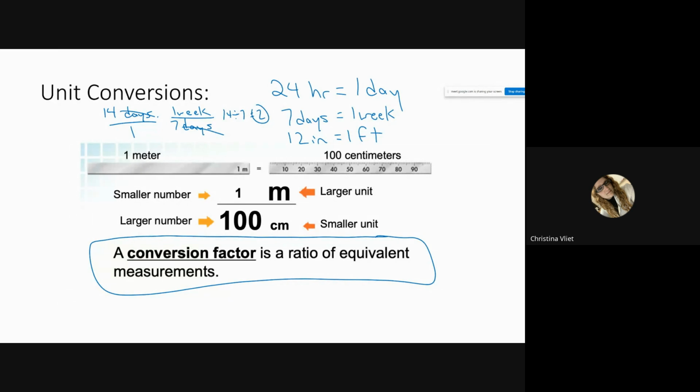And so this paper that says conversion factors, right on the top of it, do not memorize. Given on quiz and test. If I give you something in the English system, because English system is not tested by Cambridge, it would be given to you on the test.